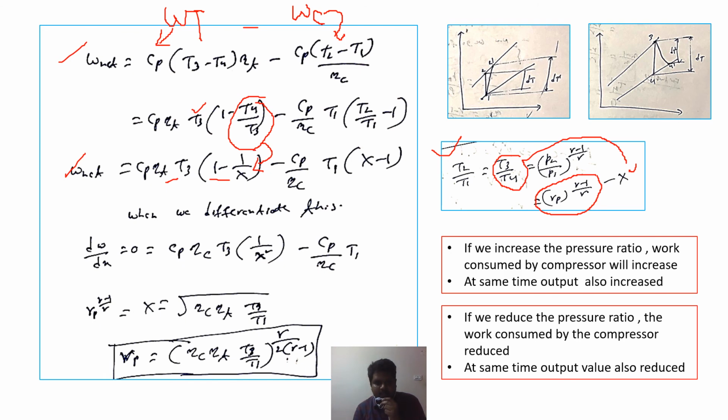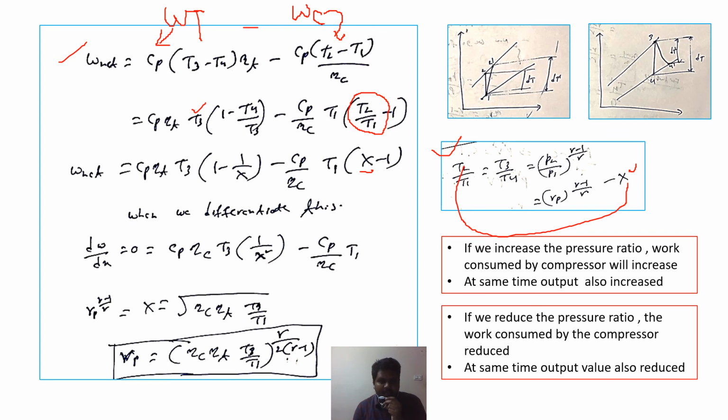So same thing I have written here, minus Cp by efficiency of the compressor T1 into, here instead of T2 by T1 I have written x, because in this equation T2 by T1 is x.